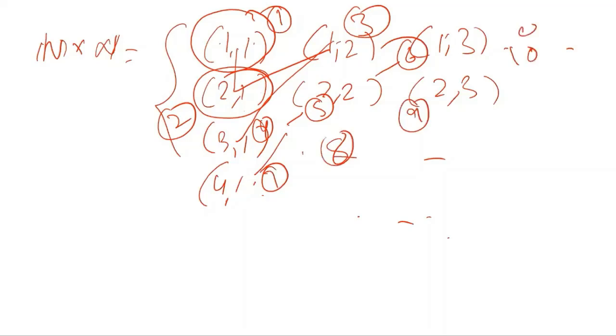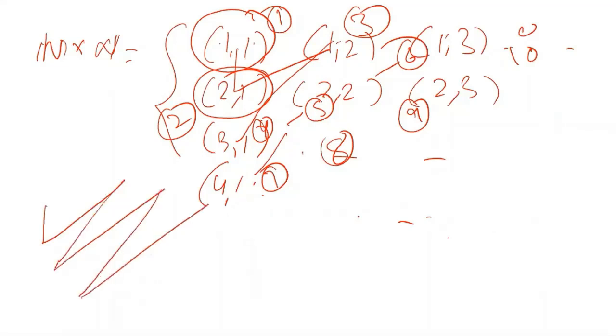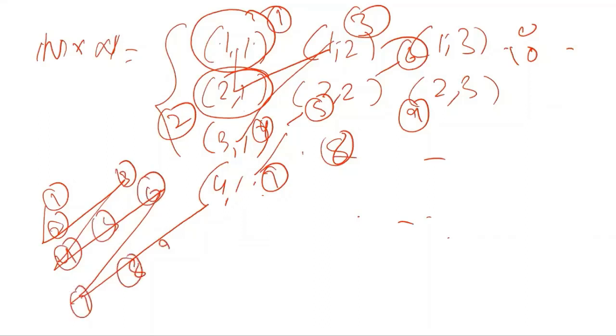So the order you are going to follow is like this, and then once you exhaust a diagonal, you come back and go again. In the first diagonal there will be 1 element, in the second there will be 2 elements, in the third there will be 3 elements, then there will be 4 elements. Now if someone asks you (2, 1), you are able to tell it's number 2.